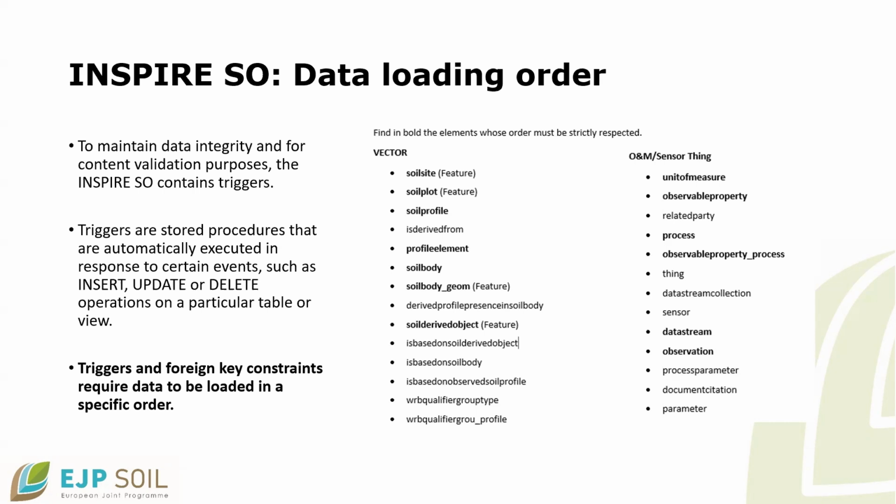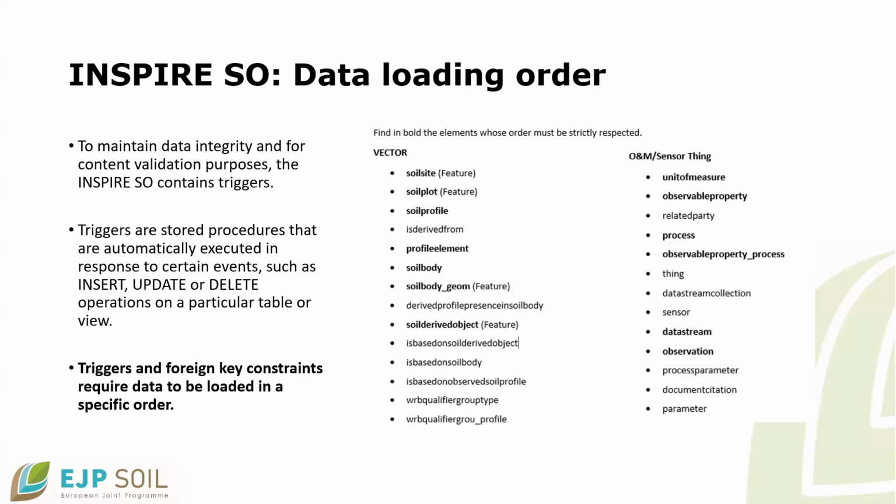So triggers and foreign key constraints in the INSPIRE-SOIL Geopackage require data to be loaded in a specific order. For example, we cannot insert soil profile information if there is no soil plot information related to the soil profile.